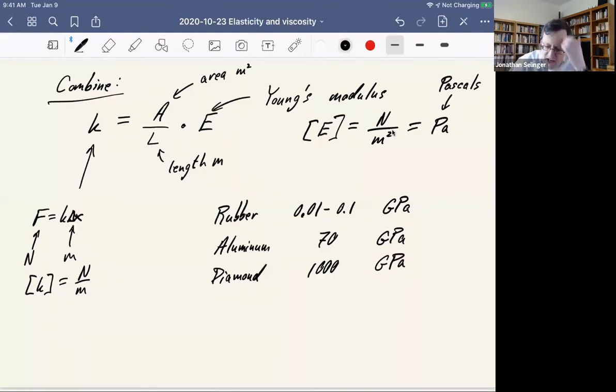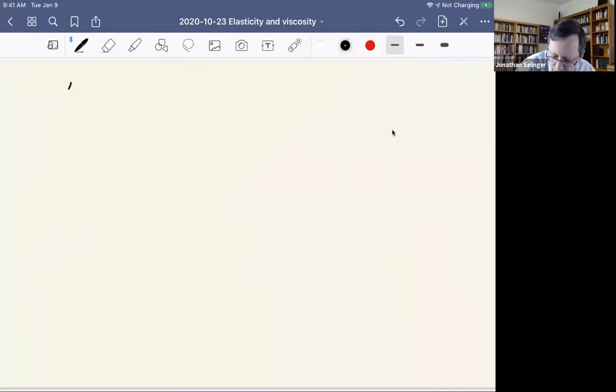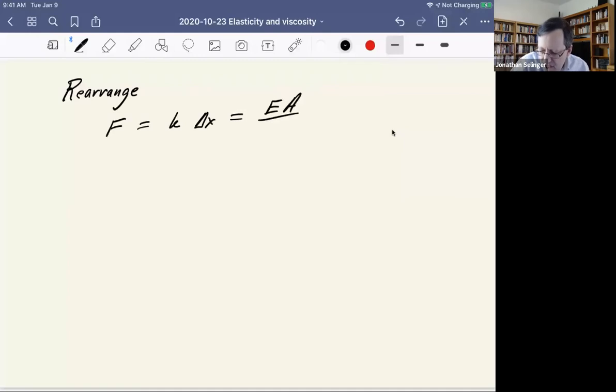All right, so now let's take Hooke's law and rearrange things. If we want to rearrange the factors in Hooke's law, we know that F is the spring constant K times delta X. So it is Young's modulus times the area over the length times delta X. So maybe we want to make an equation that just involves Young's modulus and not the area and the length.